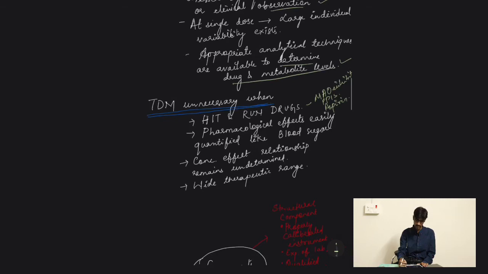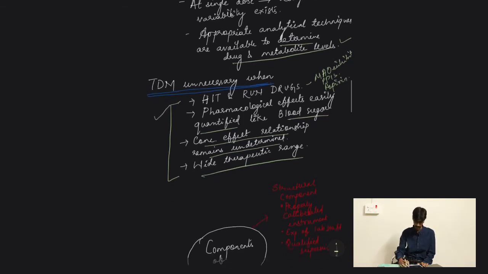And also in cases where pharmacological effects are easily quantified, like the blood sugar level in a diabetic person taking anti-diabetic drugs, or the concentration effect relationship remains undetermined, or the drugs have a wide therapeutic range. So in these four conditions, therapeutic drug monitoring becomes unnecessary.